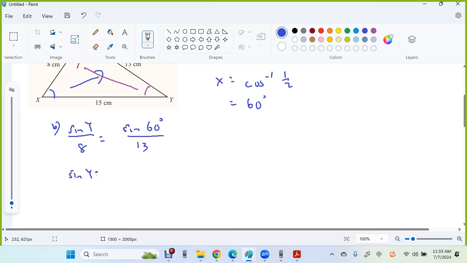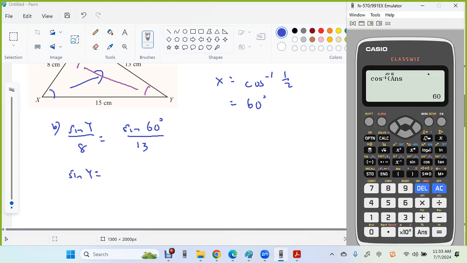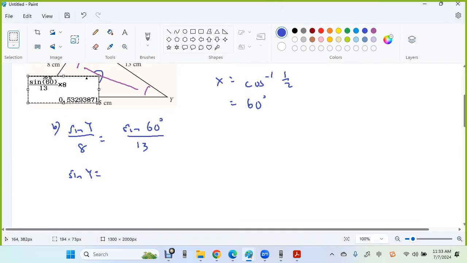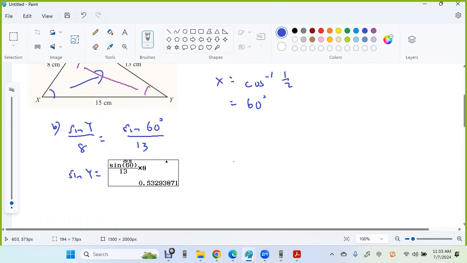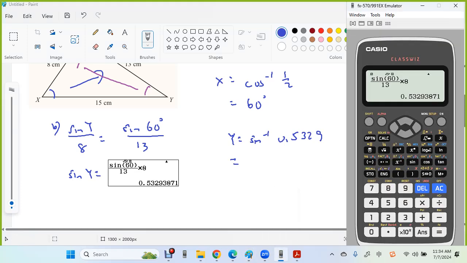So the sine y will be the sine 60 over 13 multiplied by 8. So the value of y will be the arcsine of 0.5225329. So this will be the arcsine answer.